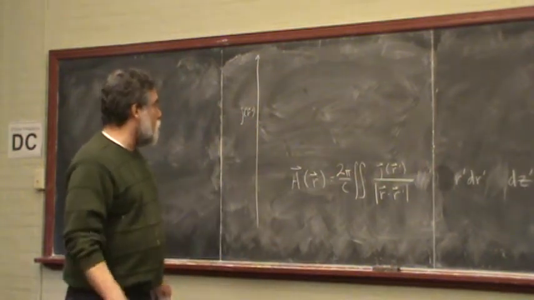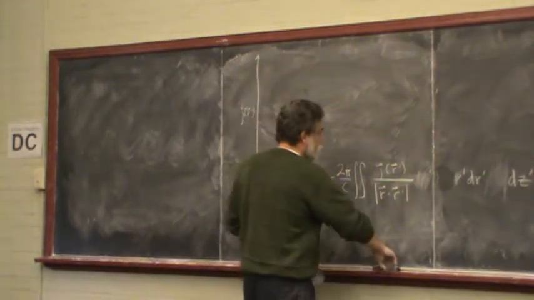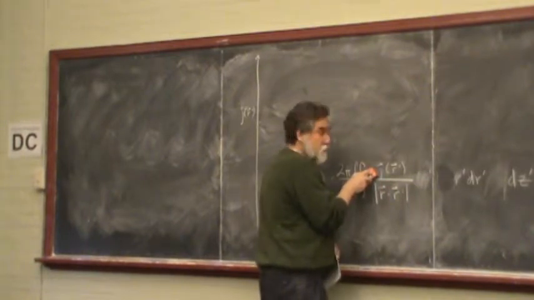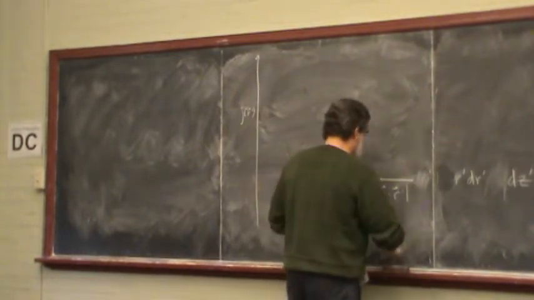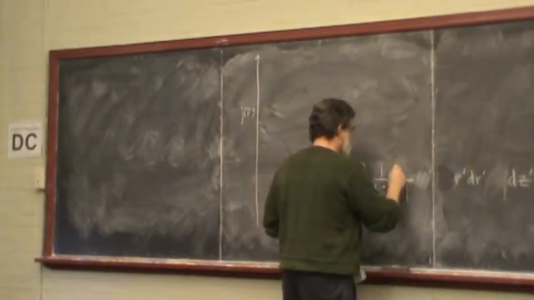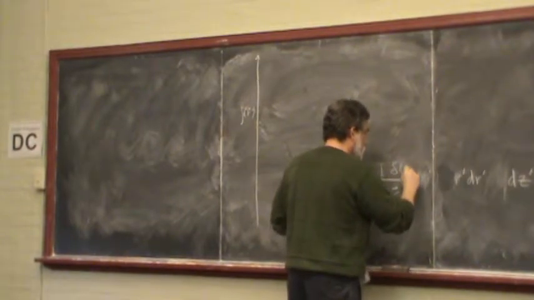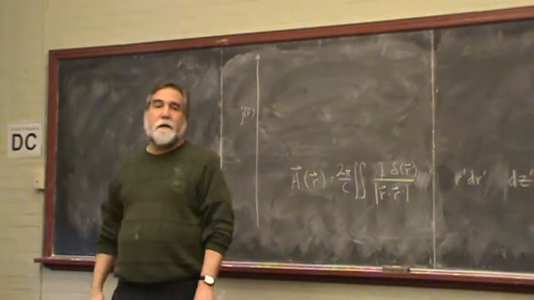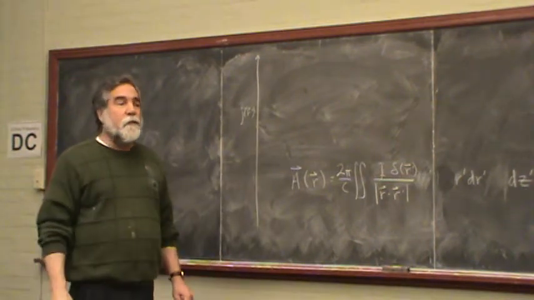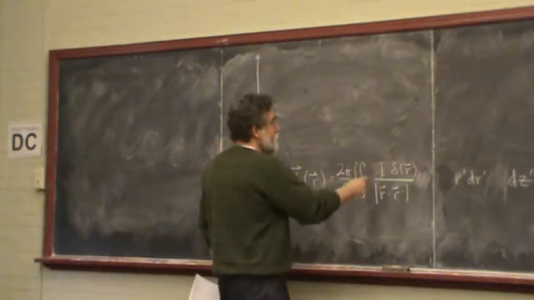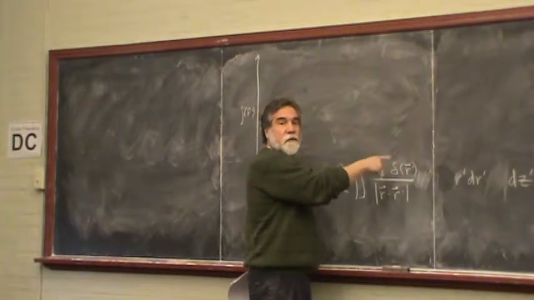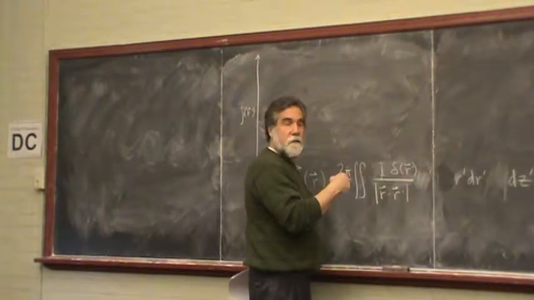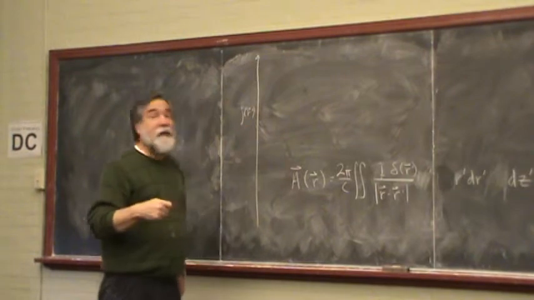The integral in r, actually what we need to look at here is I delta r prime, if it's an infinitesimal line. And we're assuming it's a constant current? Yes.